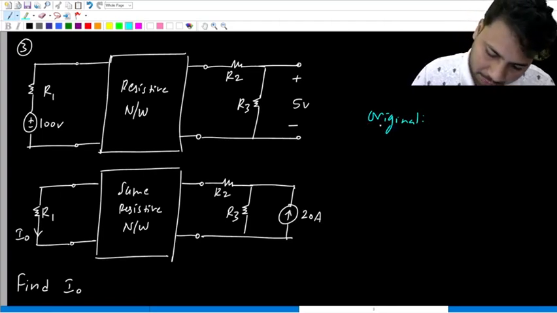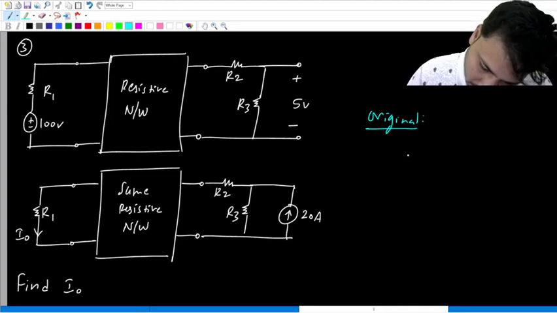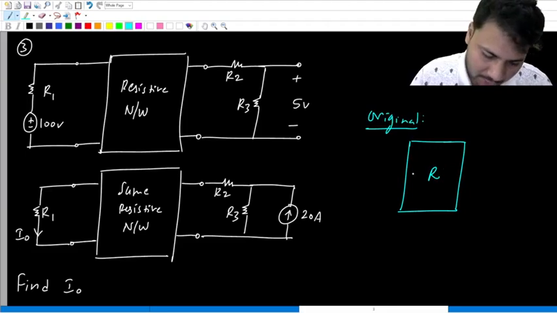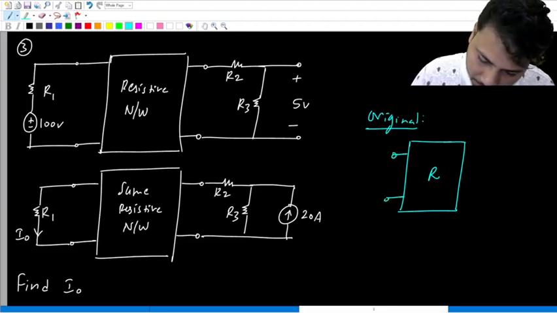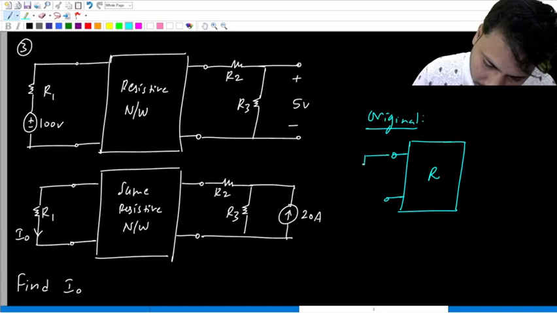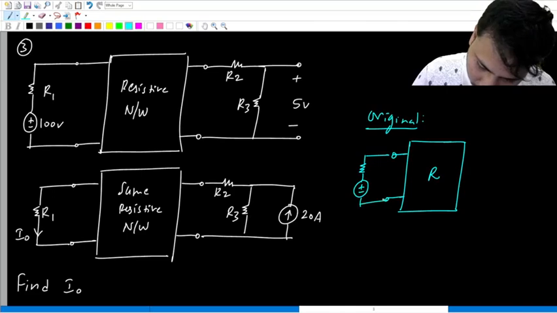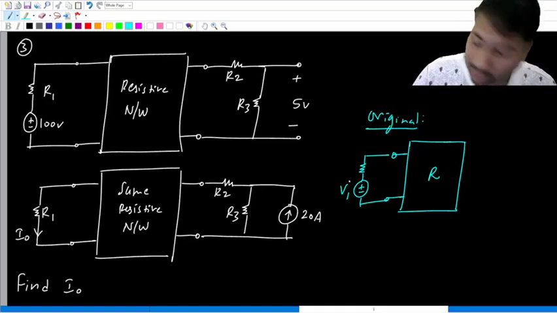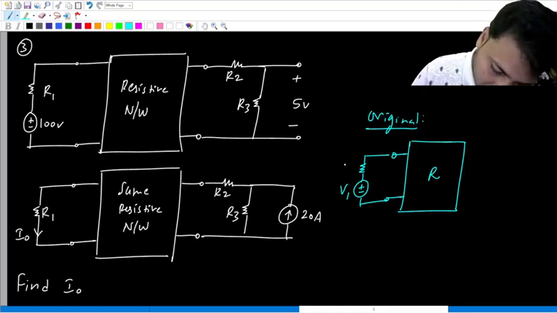Let me draw the original circuit. So first we have the resistive network. This voltage source on the left side, we'll call it V1.